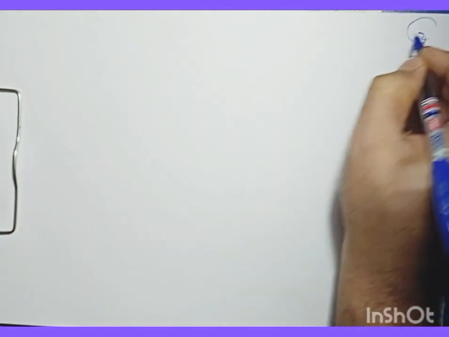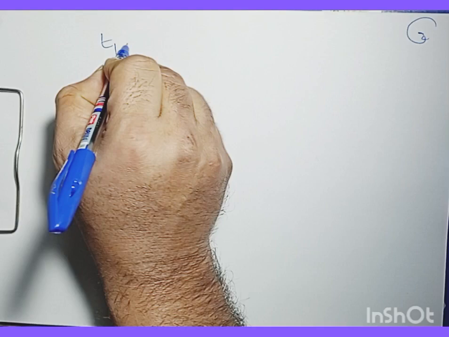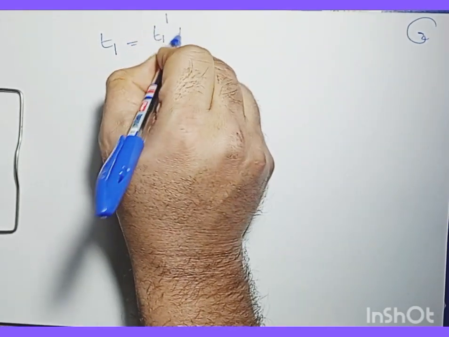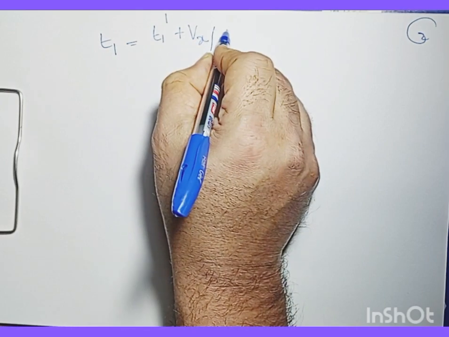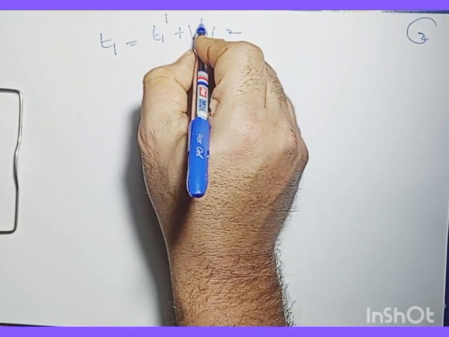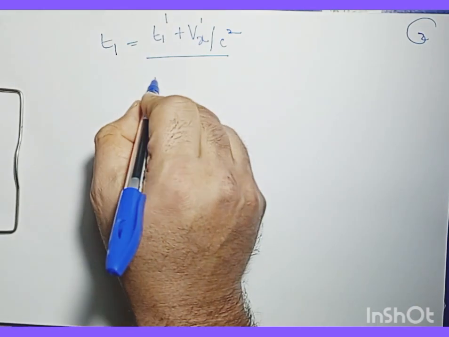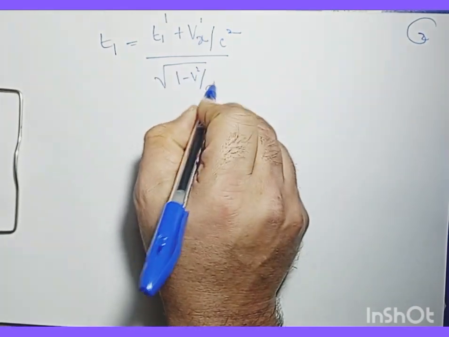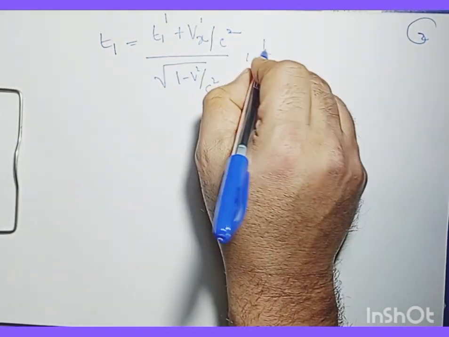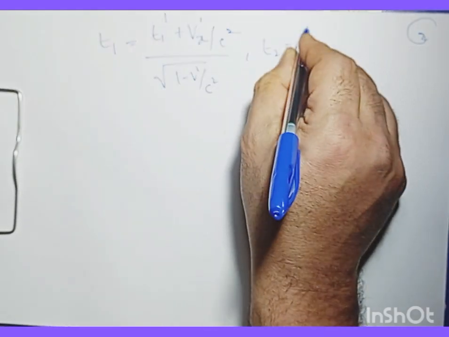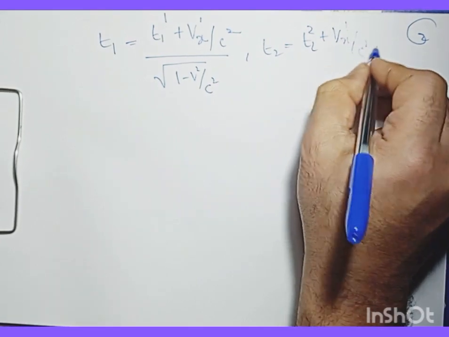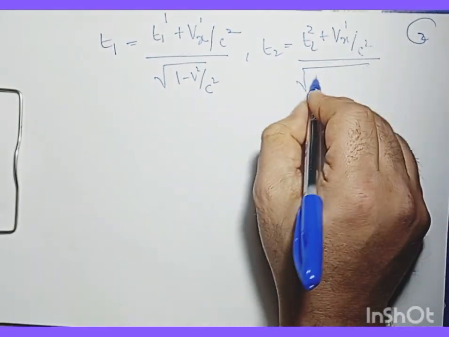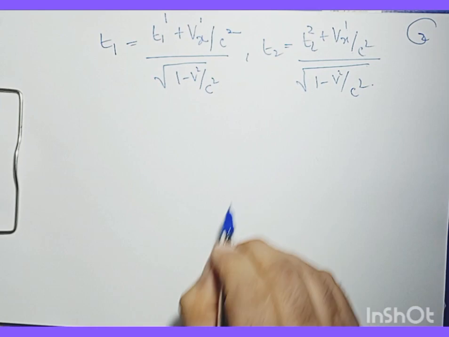So for T1, we will have T1 dash plus Vx dash by C square, divided by under root of 1 minus V square by C square. And for T2, we'll have T2 dash plus Vx dash by C square, divided by under root of 1 minus V square by C square.